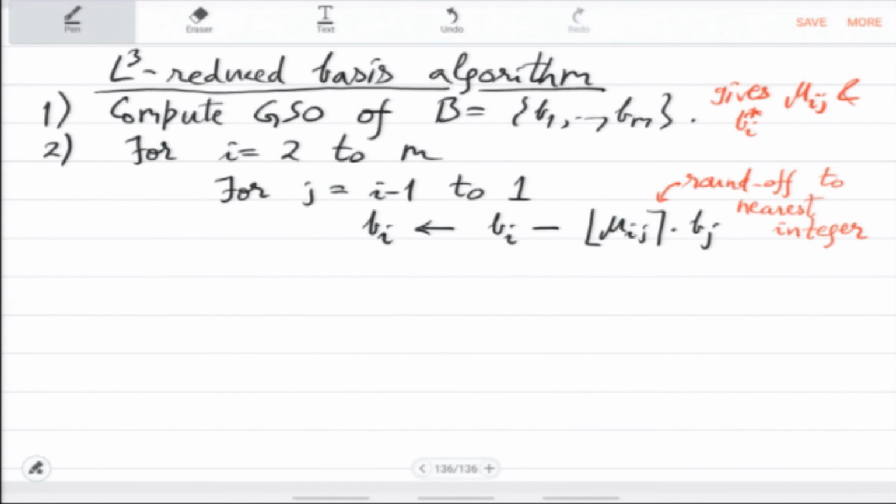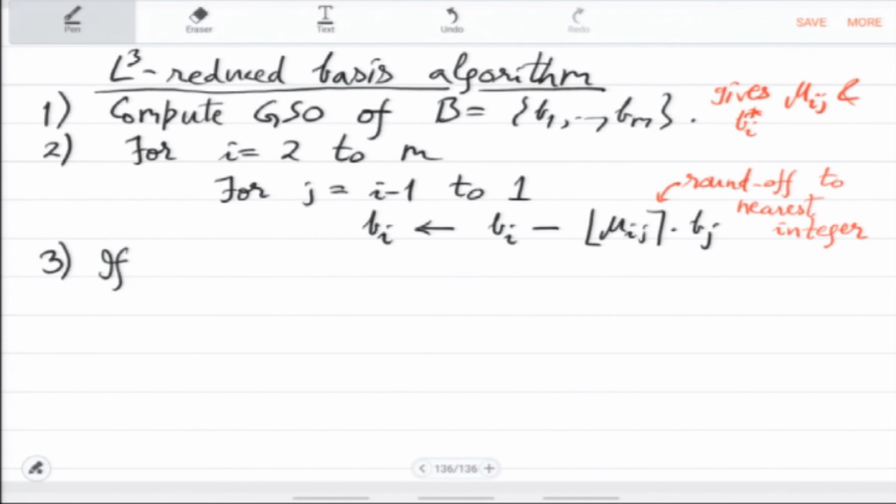But we'll just subtract whatever nearest integer multiple of bj we can, which is this. So this will take care of the mu ij's being reduced to half or less, right? Remember condition 2, you wanted these projection constants mu to be less than or equal to half. So this rounding off will make sure that it's less than or equal to half, but the first condition may still not be satisfied.